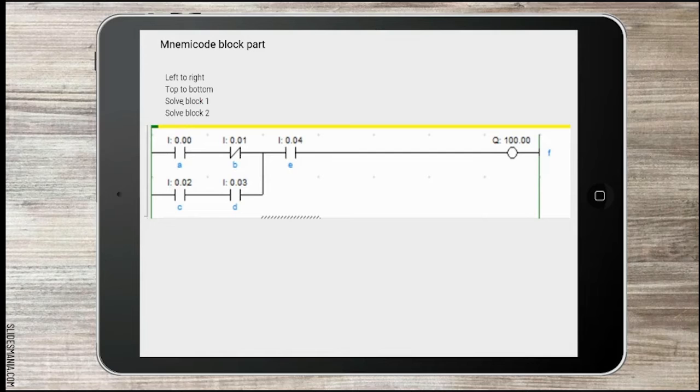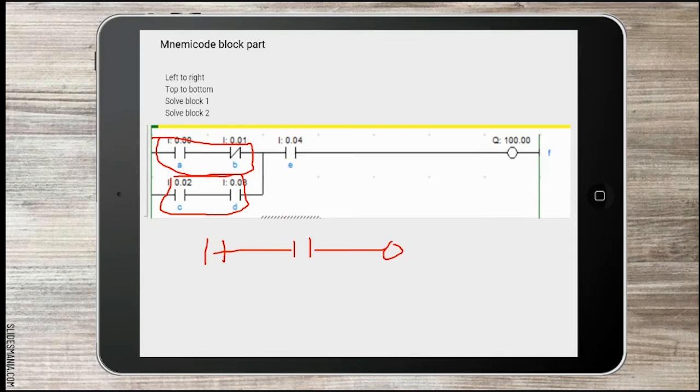So dia kata kalau untuk blok ni kita solvekan satu blok dulu. So satu blok mengenai dua ladder diagram, dua load. So sini satu, sini satu. Okey. Bila dah settle dua-dua ni, kita boleh jadikan dia seperti satu dalam keadaan series. So ini adalah output.